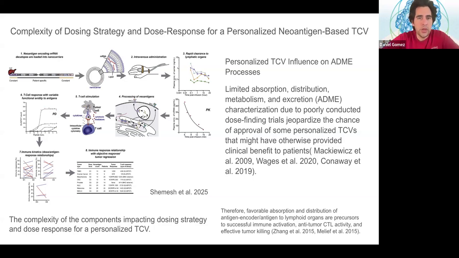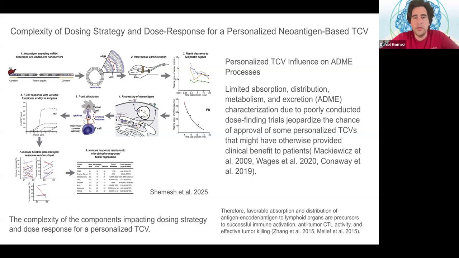patients. So the first step is to use neoantigen-encoding mRNA decatopes that are loaded onto nanocarriers, and we have patient-specific constant regions, and then patient-specific. We have mRNA in between lipids and a nanocarrier, and this goes into intravenous administration, with rapid clearance to lymphatic organs.